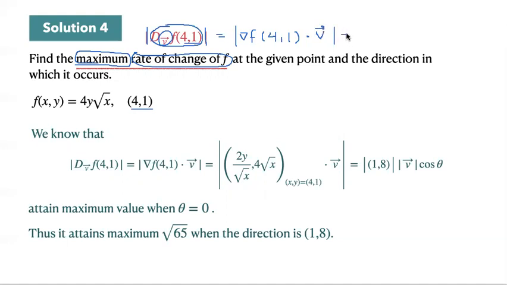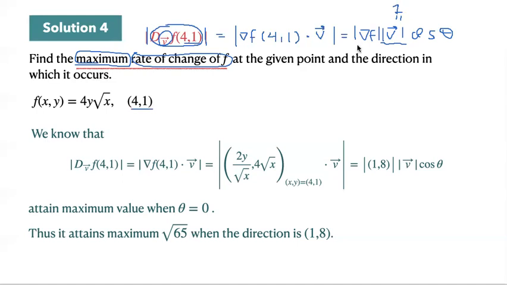And we know that this formula can be calculated like gradient f at 4, 1, times v, times cosine theta, right? We know this equation. Sorry, it is hard to write down using mouse pad. Actually, v is a unit vector, so its length is 1 in all cases, right?